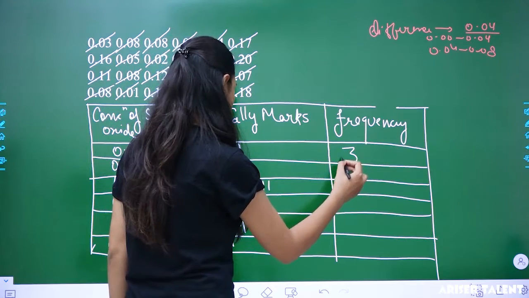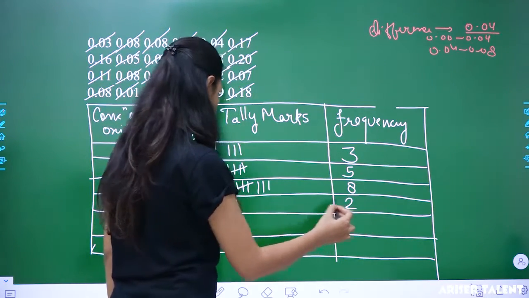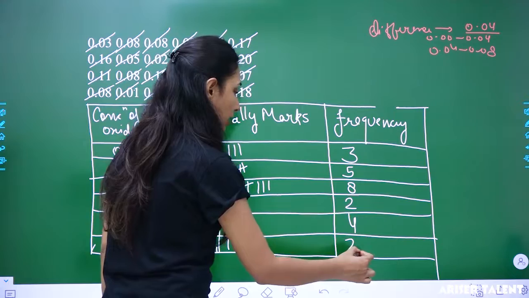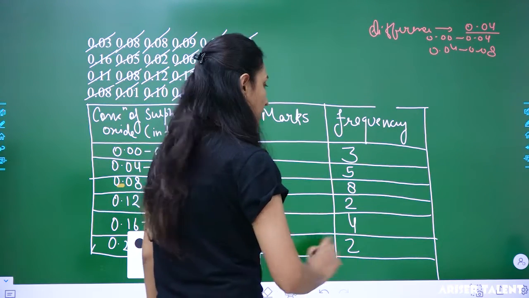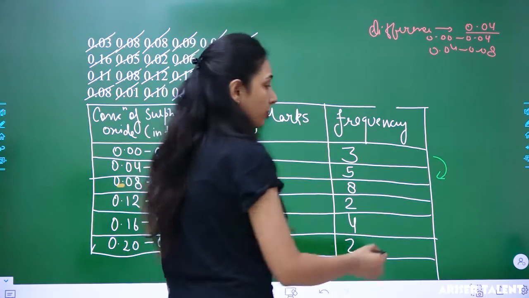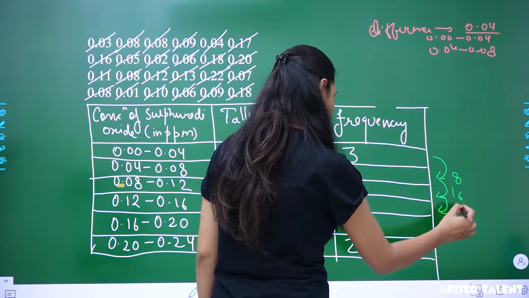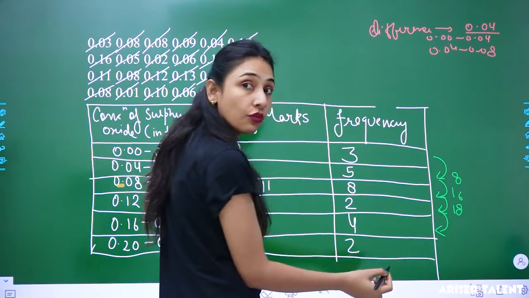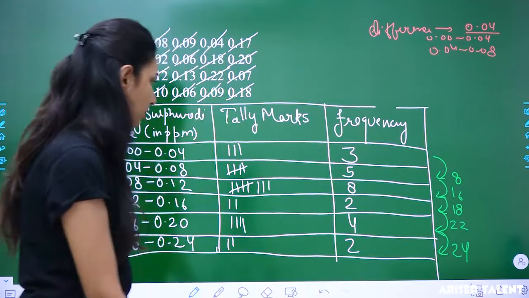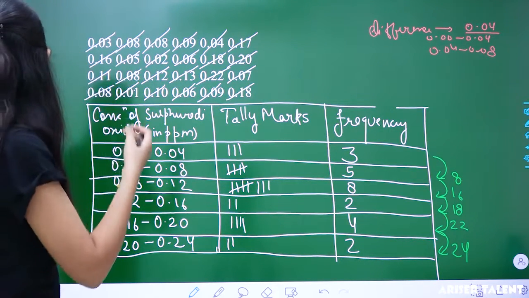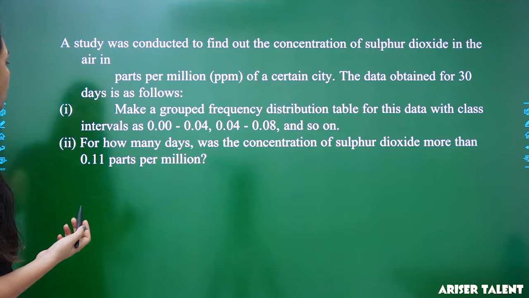We can just verify by adding them. 5 plus 3 is 8, 8 plus 8 is 16, 16 plus 2 is 18, 18 plus 4 is 22, and 22 plus 2 is 24.